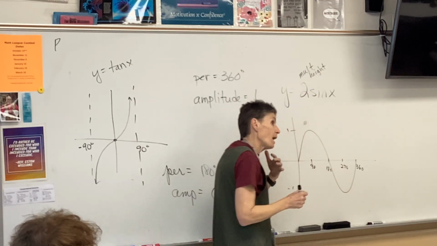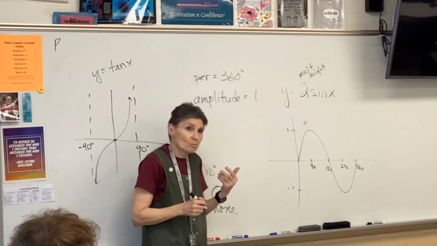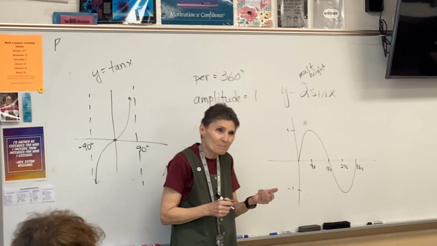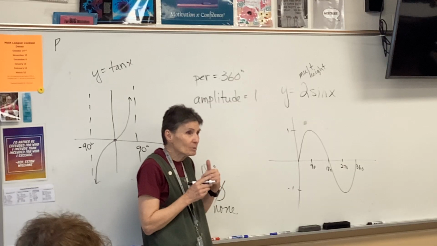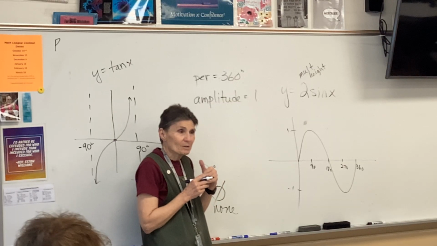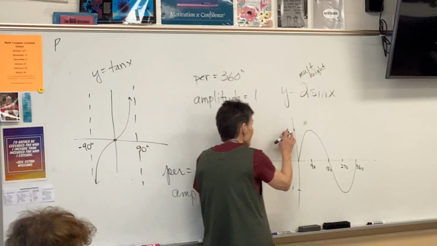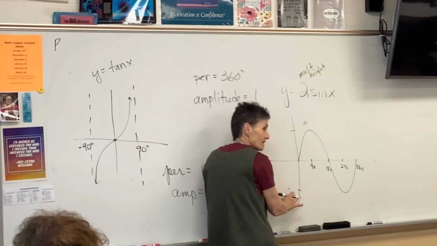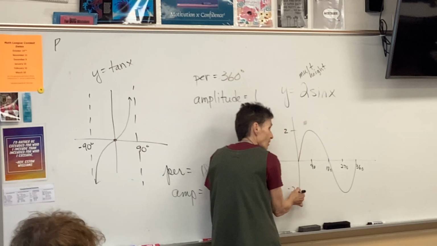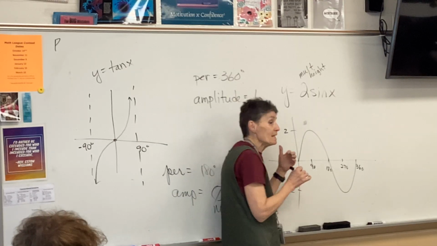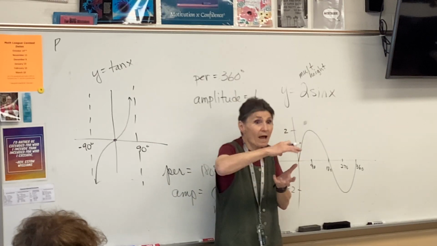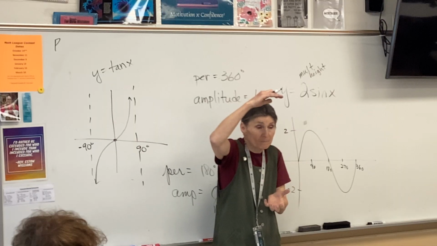And in trigonometry, height is referred to as amplitude. So what have we done? We've multiplied our amplitude by 2. So these labels are not 1s. Now these labels are 2s. So in effect, haven't we stretched our curve?